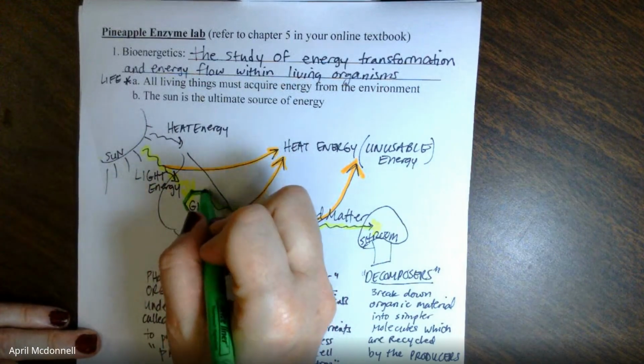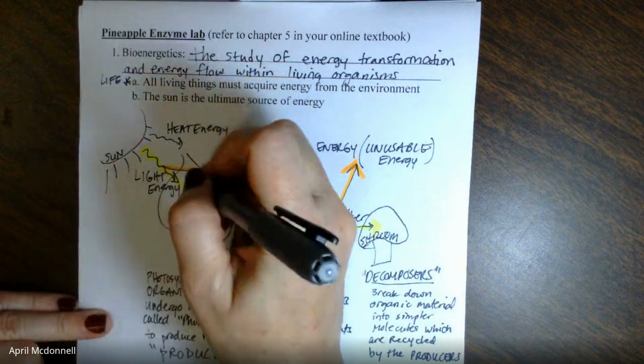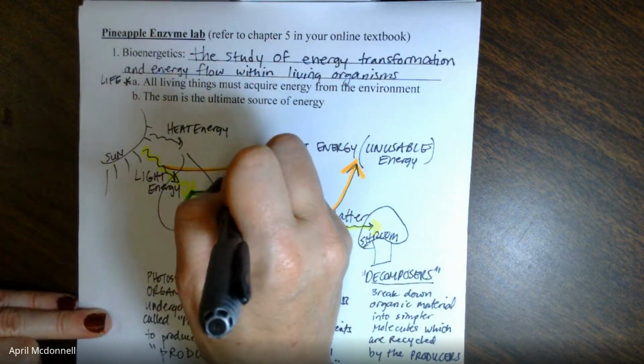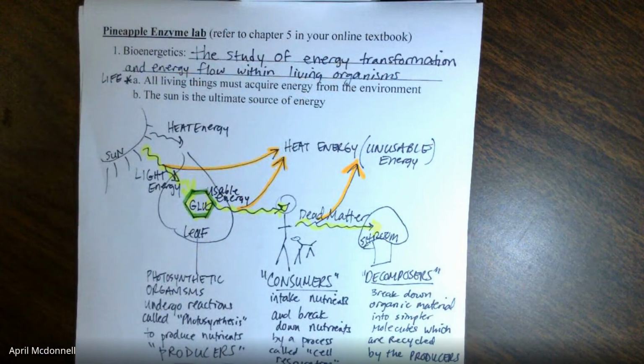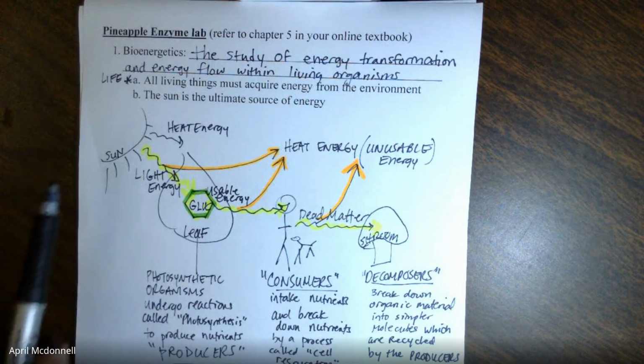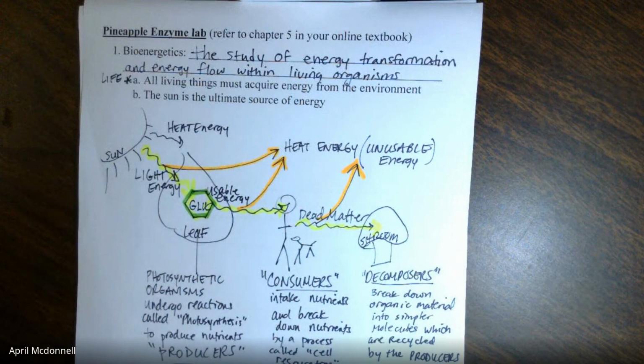An example of an energy-rich molecule that has usable energy would be glucose. So notice that energy is always flowing in one direction, where heat energy is consistently released.